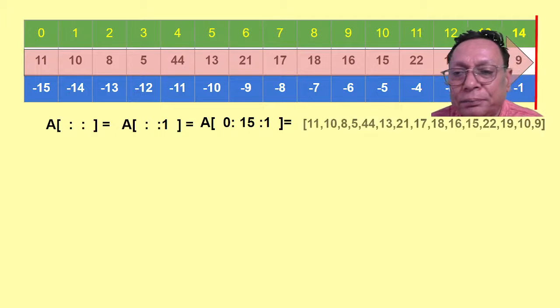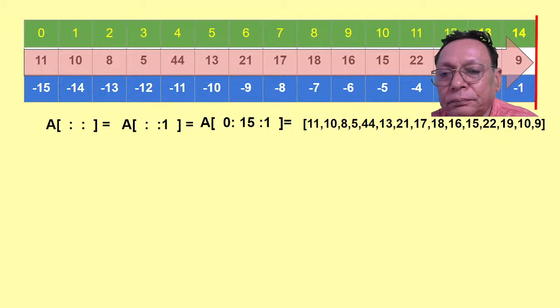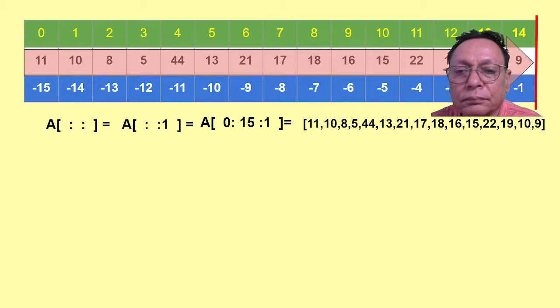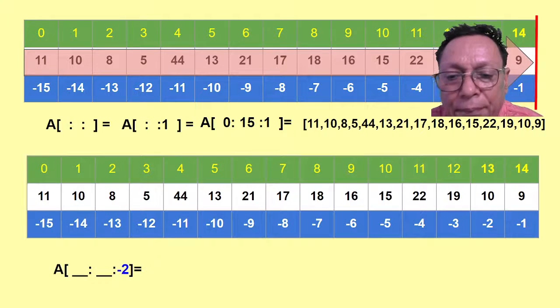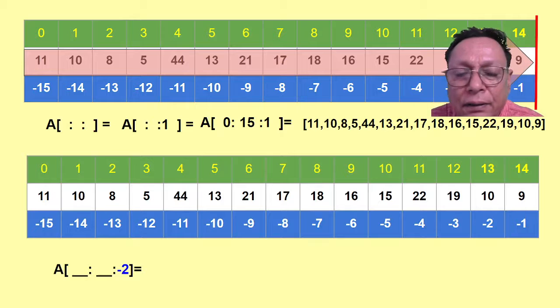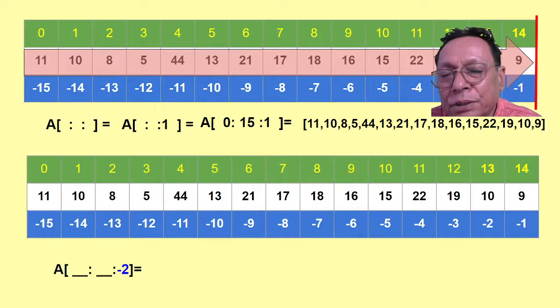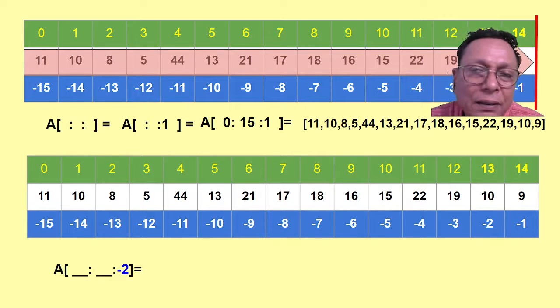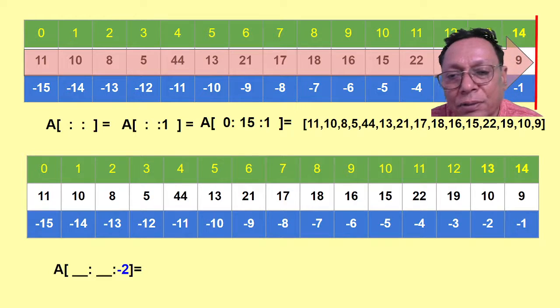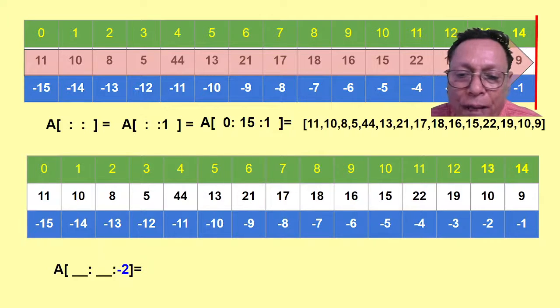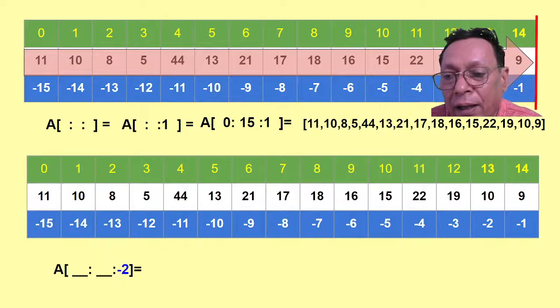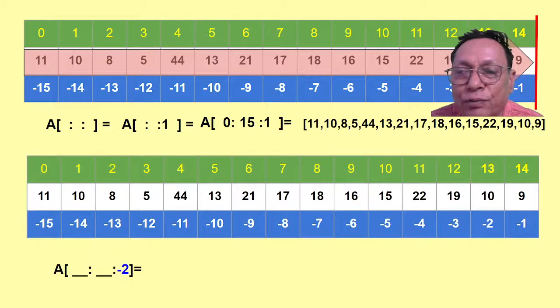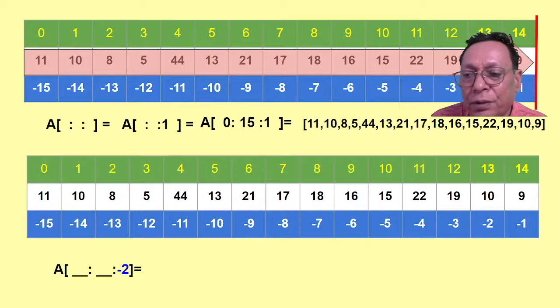Next example. In this example, we have taken -2 as the step, but start is missing and end is also missing. Then what happens? You must guess that we will have to move right to left with the gap of 2.